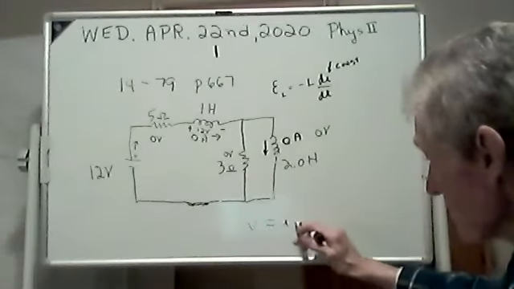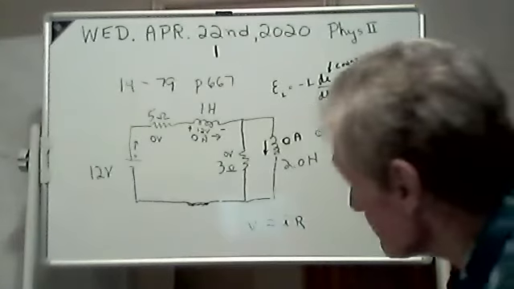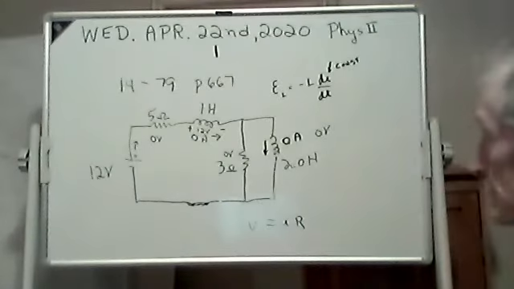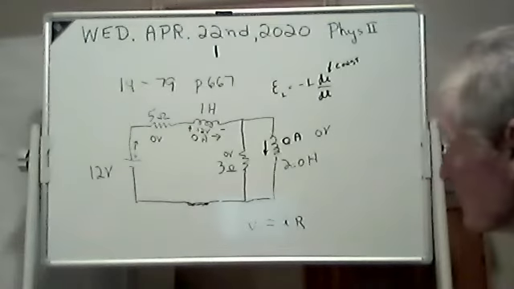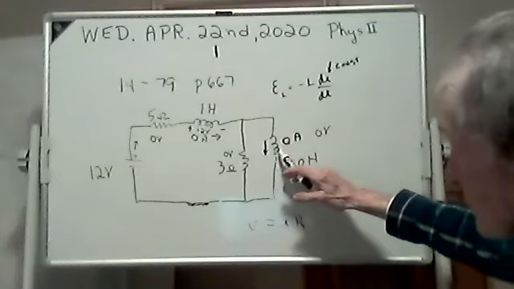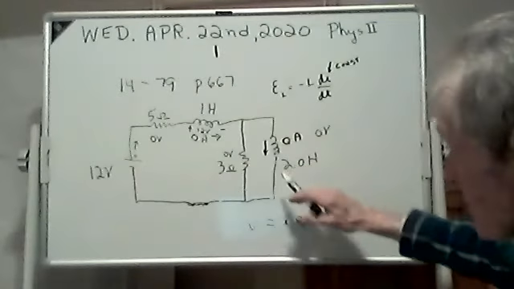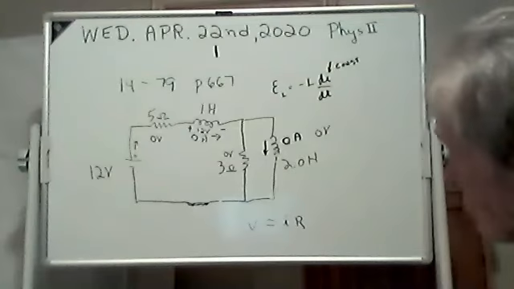But doesn't the voltage there need to equal the voltage on that? I'm blanking on the name of it, but the thing to the right of it. The inductor has a voltage of 0. That's what he was saying. Oh, the inductor has a voltage of 0 as well. The voltage across the inductor is 0, but the current isn't 0. You got current in there. It's acting like a short.